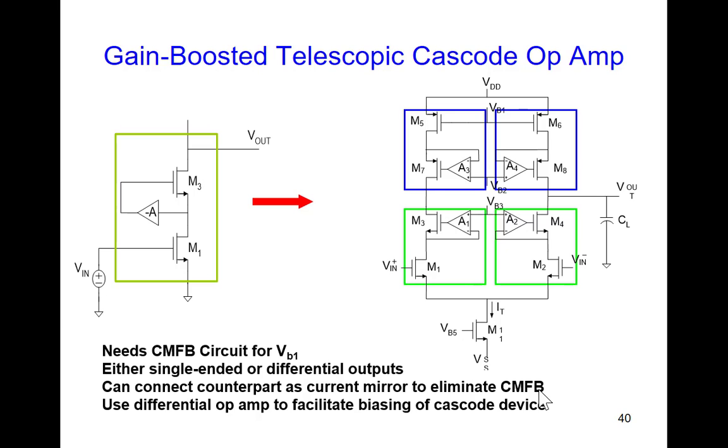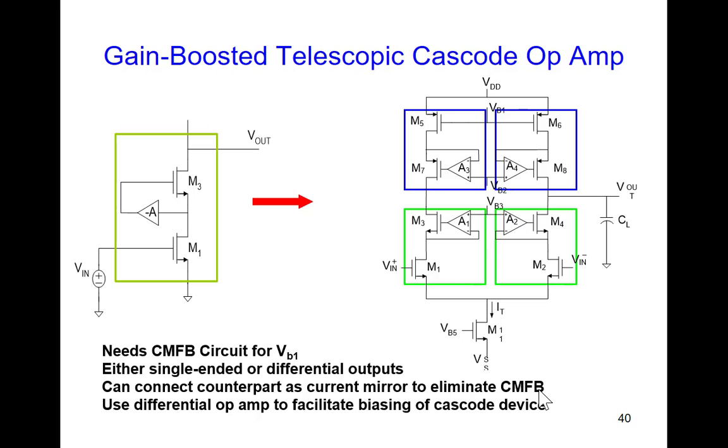But we can connect the counterpart circuit as a current mirror if we want to eliminate the common-mode feedback circuit, and use the differential op-amp to facilitate biasing of the cascode device. This reference op-amp is oftentimes used for these right here.